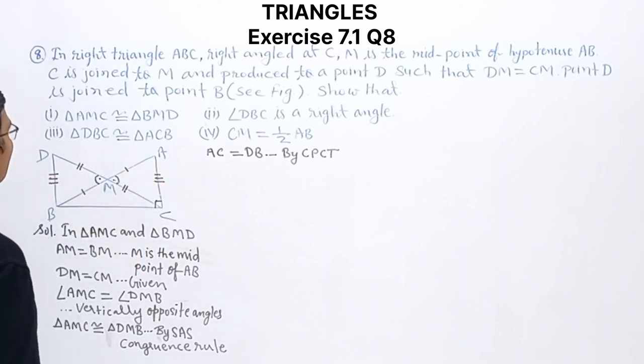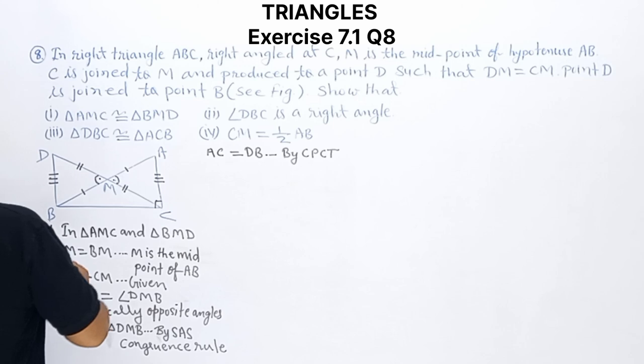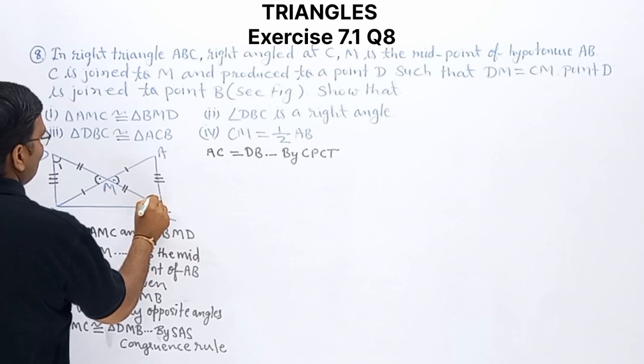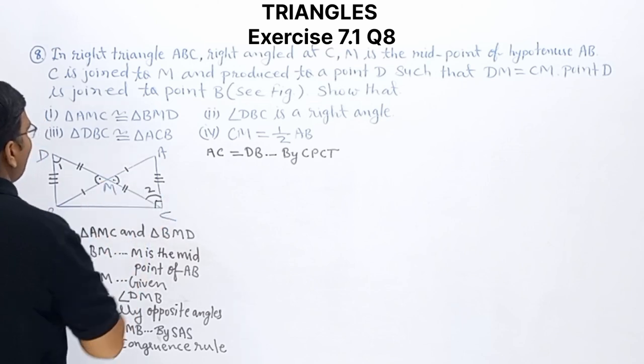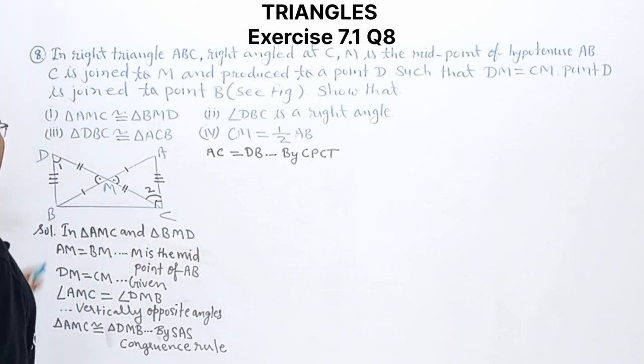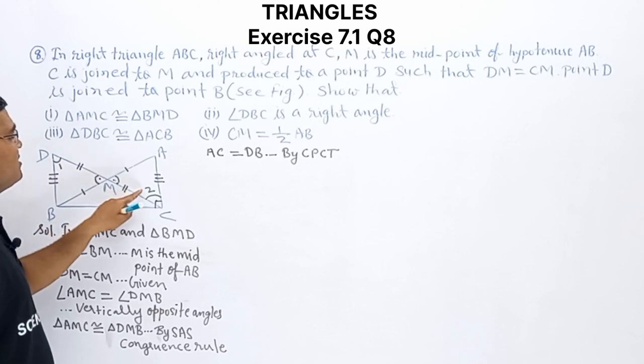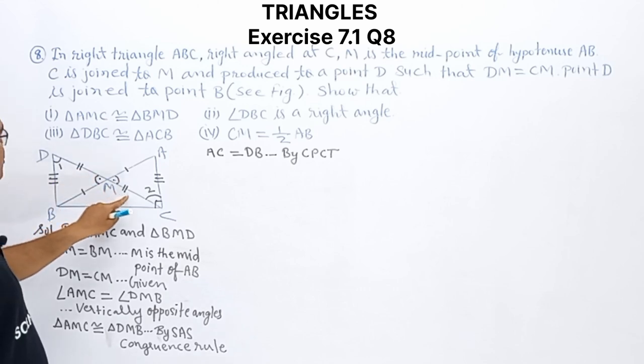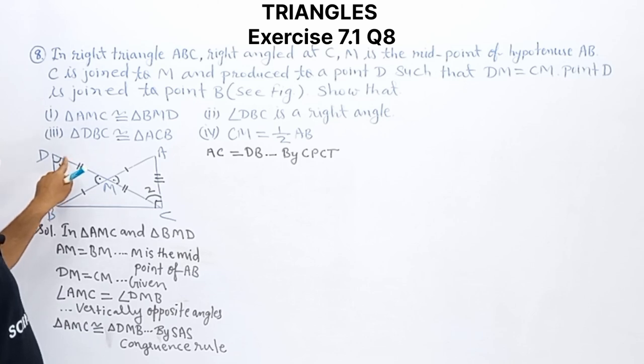Now once we talk about the angle, this angle I am taking, this one is angle 1 and this one is angle 2. Observe carefully what I am doing. Both angles will be equal. Why? This side equal to this one, this side equal to this one, this angle will be equal to this one. Yes or no?